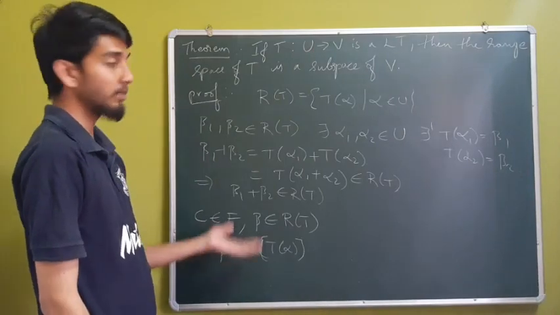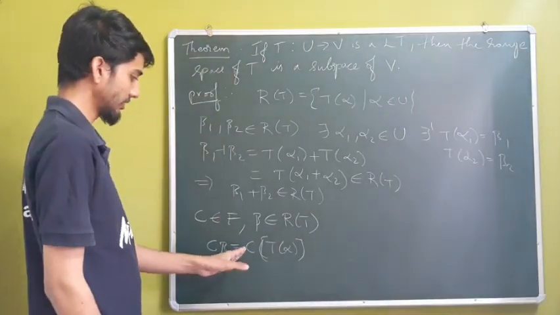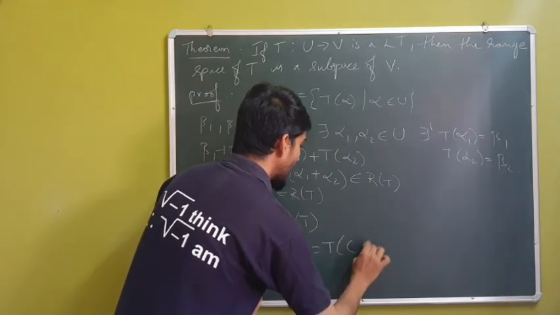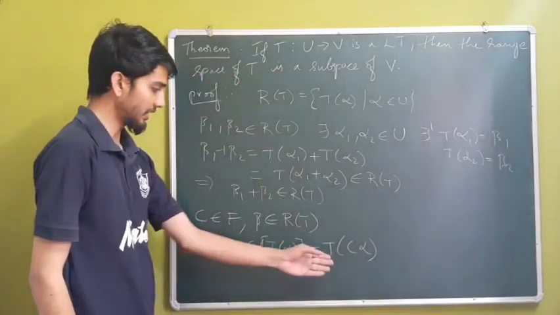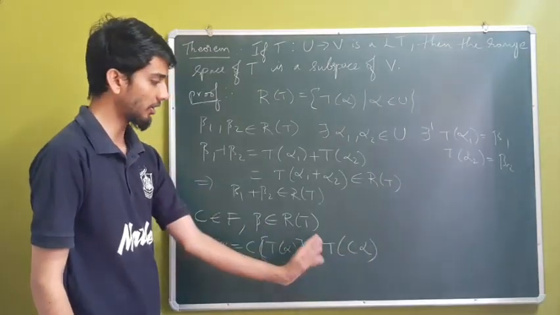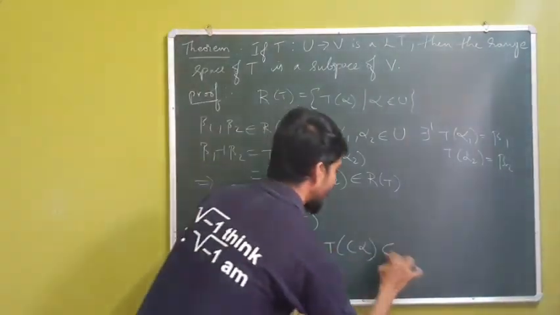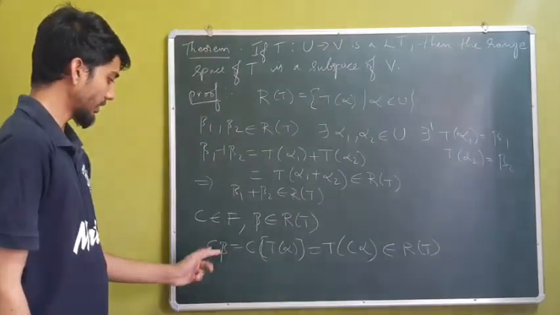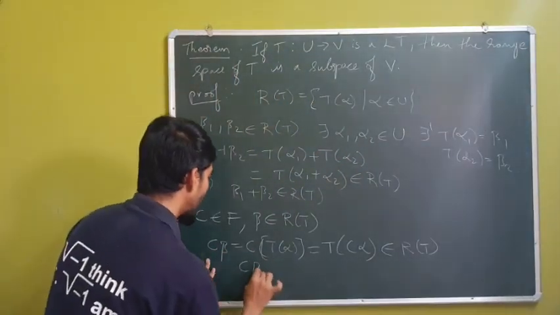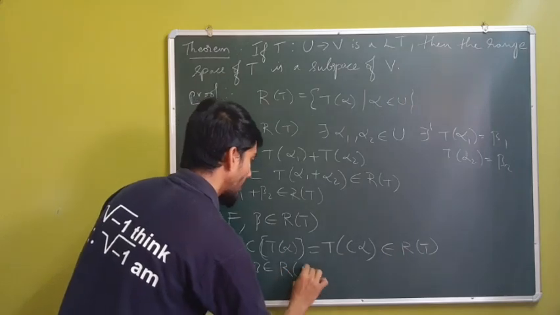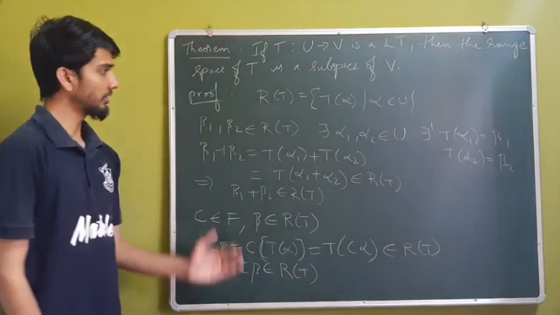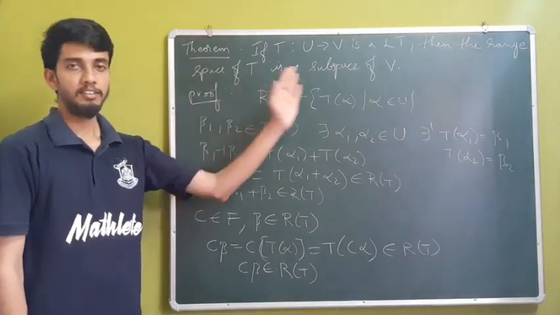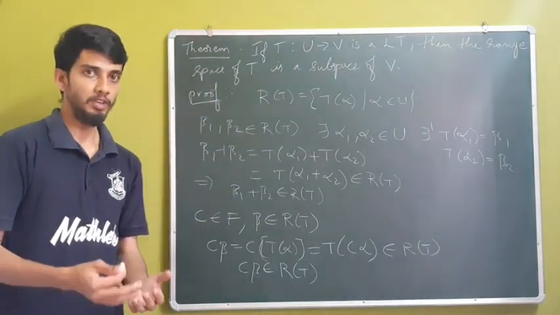And again, since T is a linear transformation, c into T of alpha is same as T of c alpha. And again, this is an element of the form T of alpha which will be present in the set R of T. So what is proved is that c beta belongs to R of T. So these two conditions imply that the range space of T is a subspace of V.